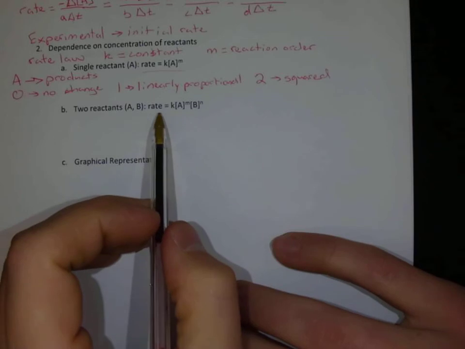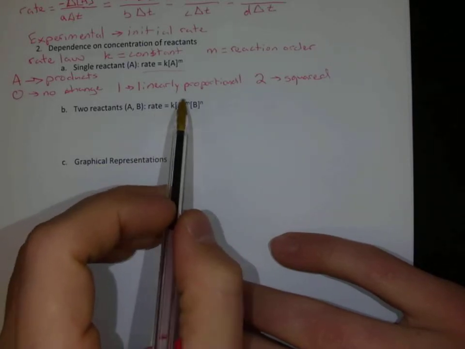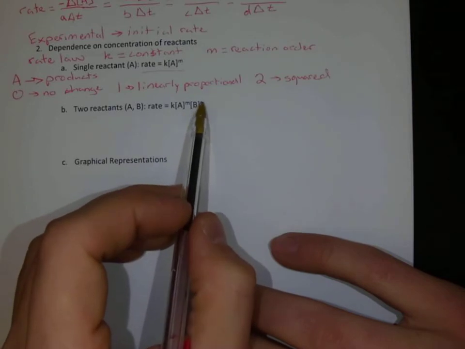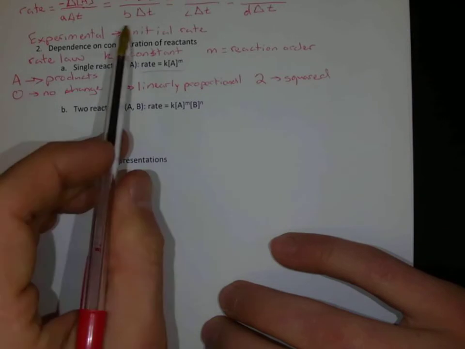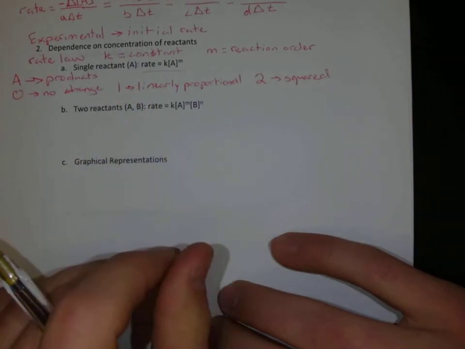Now our rate law is going to be rate equals K times the concentration of A to some exponent and the concentration of B to some exponent. And remember, these exponents come from experimental evidence, okay? It always comes from experiment, all right?